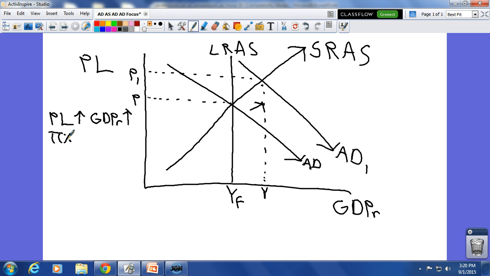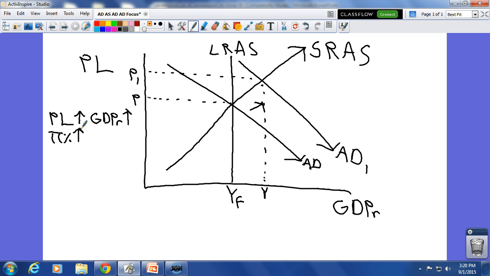And we know that the inflation rate is going to be moving the same way as the price level, because the inflation rate is just the rate of change in the price level. So if the price level is going up, the rate of change is going up. So therefore, the inflation rate is going to go up. Okay, so we always know that the price level and the inflation rate are going to be moving the same way.